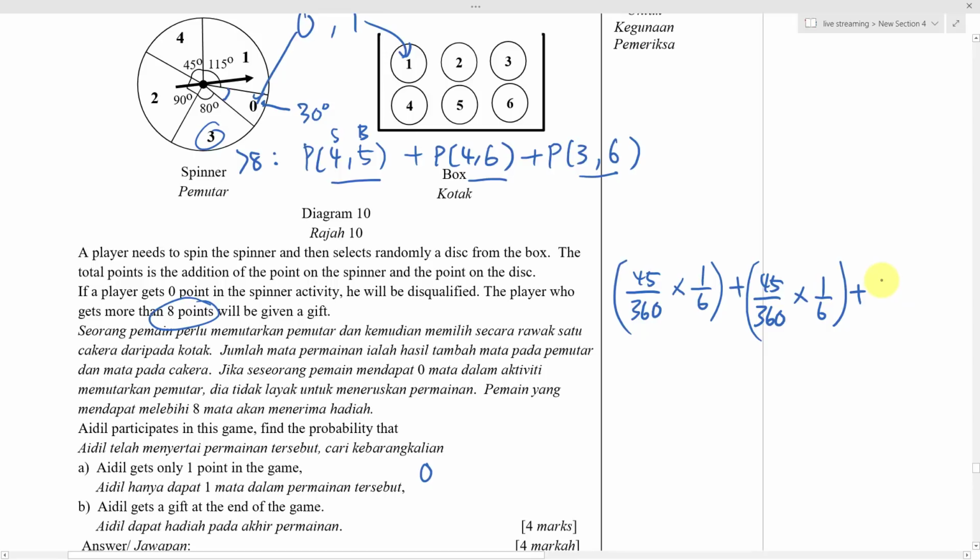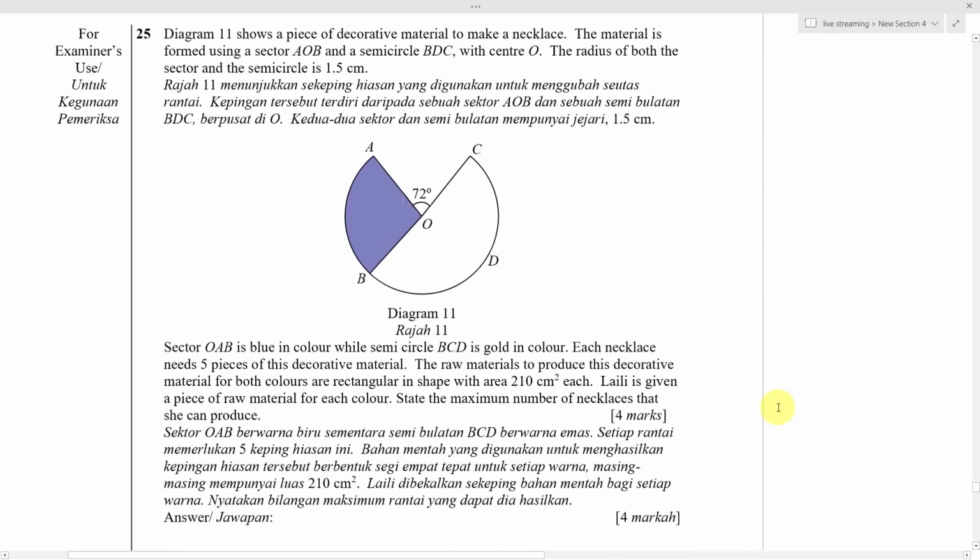And then in order to get 3 it's 80 out of 360, and then multiply, in order to get 6 is 1 over 6. Then you just type in your calculator, you should be able to get the final result. The calculator part I will not teach you because you can just type it yourself.